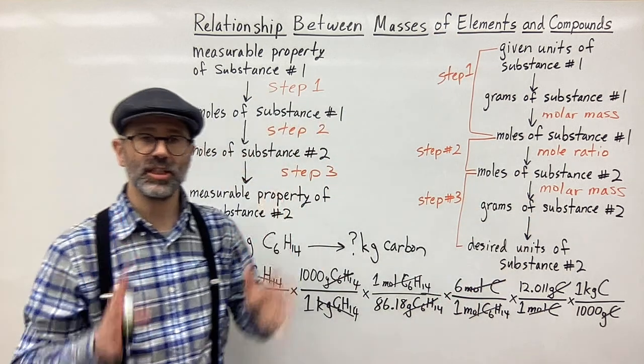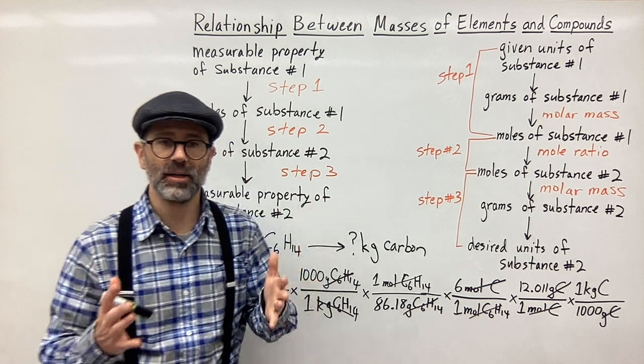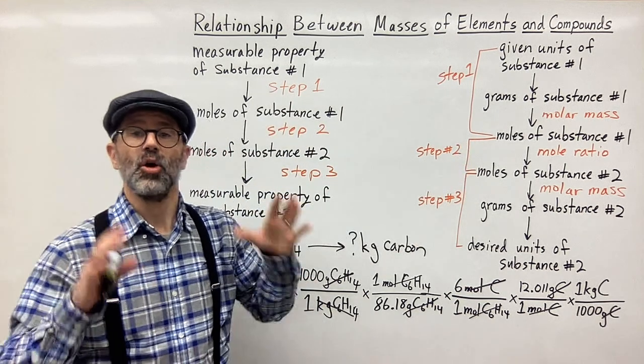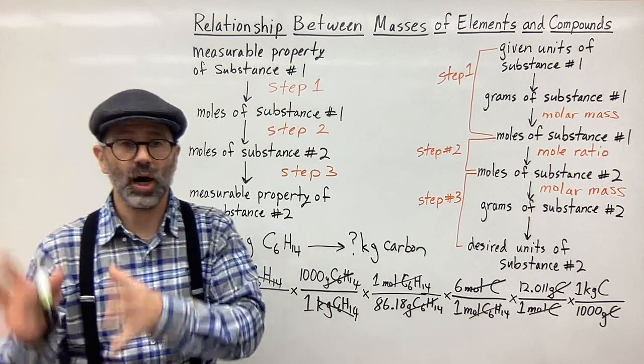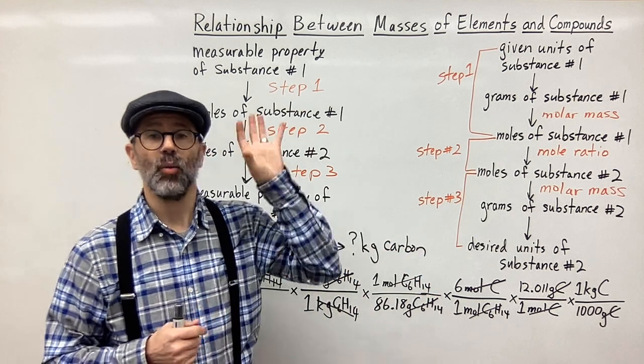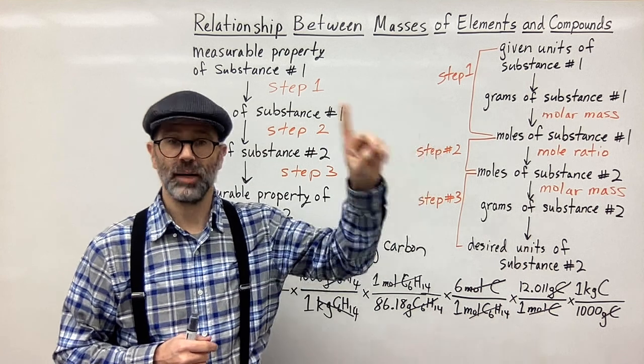So again, just to recapitulate what was talked about in the video, follow these 3 basic steps. Whenever you're going from one substance to another, the 3 basic steps is whatever unit they give you, convert that to moles. That's step 1.